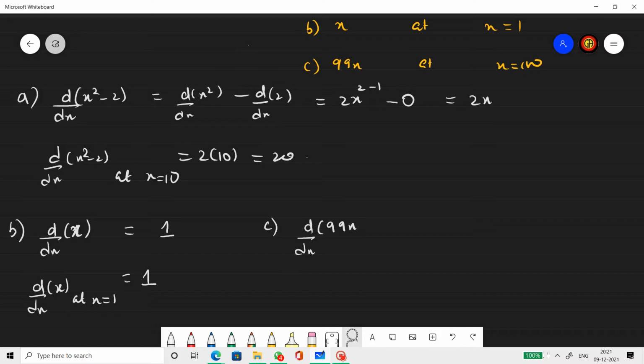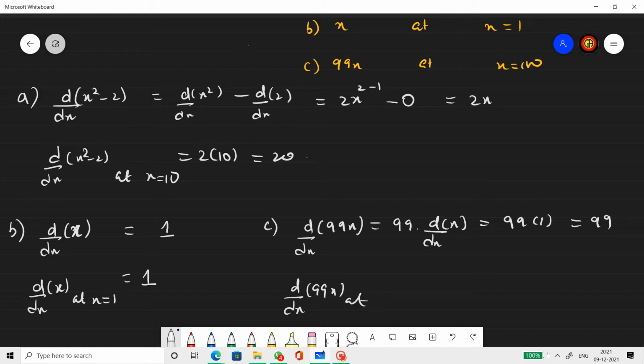So 99 will not affect. Therefore, we take 99 out of differentiation and we write this as d by dx of x, which is 1. So 99 into 1, 99. Now what is the differentiation answer at x equal to 100? Where is x to substitute 100 here? So answer will remain 99 only.